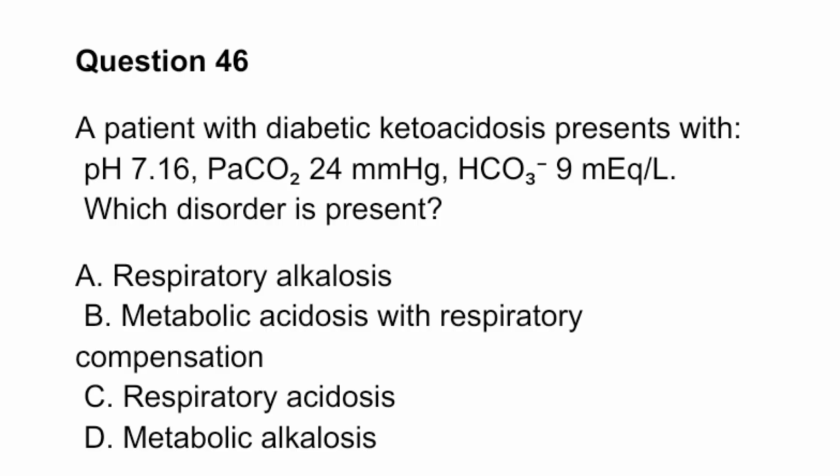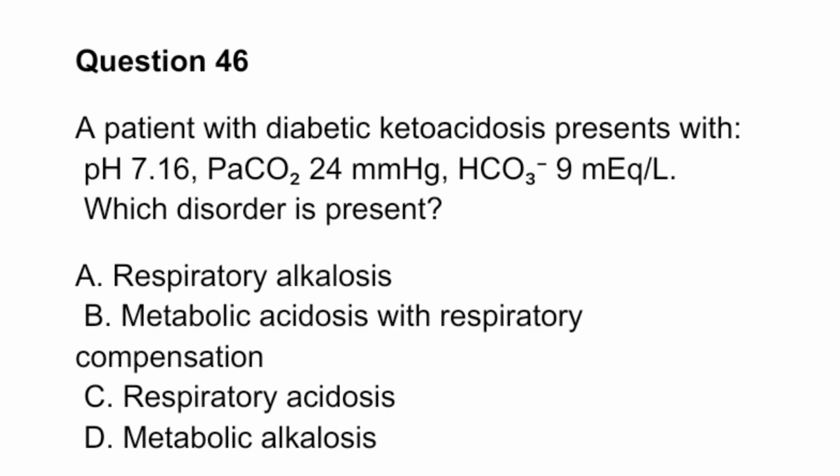Question 46. A patient with diabetic ketoacidosis presents with pH 7.16, PaCO2 24 mm of mercury, HCO3- 9 milliequivalents per liter. Which disorder is present? A. Respiratory alkalosis. B. Metabolic acidosis with respiratory compensation.